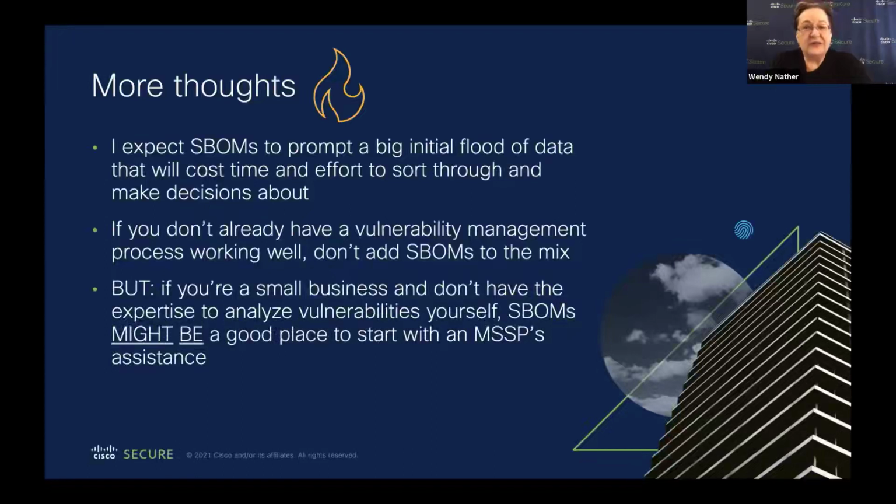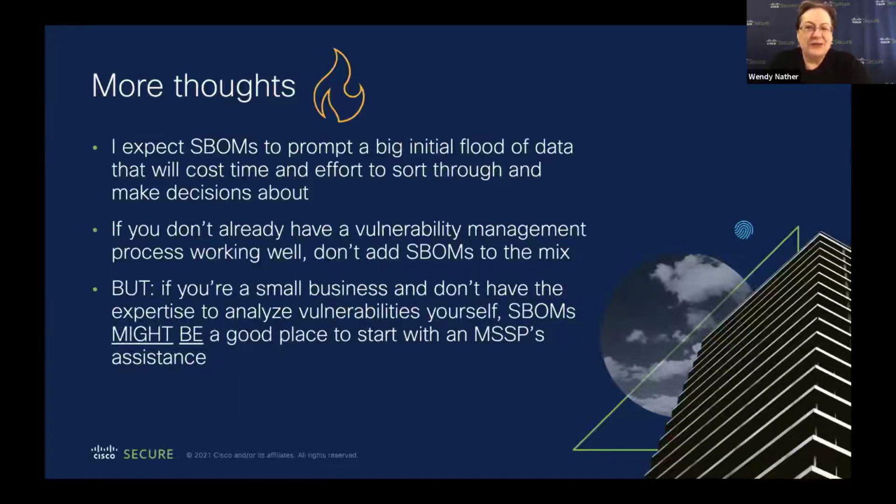It's a good exercise to go through and see not only what is in the SBOM that you get from your vendor, but what's your relationship with your vendor. It's even more important to test that part. If they hedge and say, well, you won't understand the SBOM, so we're not going to give it to you, or, oh, sure, here it is. No, we're not going to explain it to you.